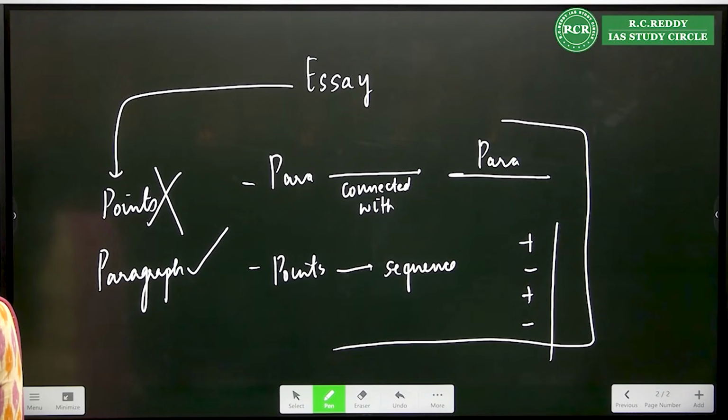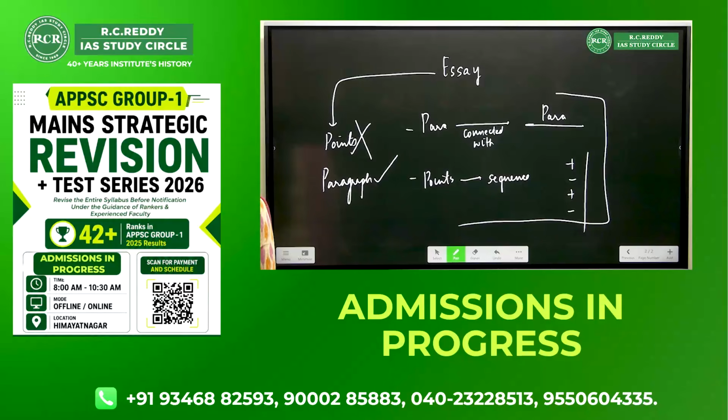Okay. Just to give you an idea about a good flow, just write down how a good flow will look like. Say you are writing about women empowerment. So first you will talk about the meaning of women empowerment. Then put an arrow, current status in India. Then challenges.